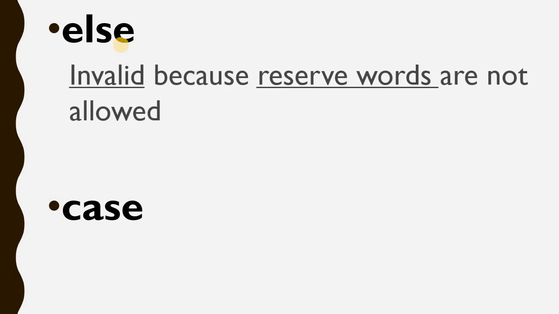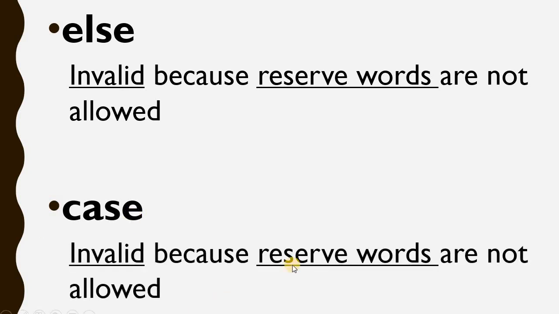Next one, else. Give it a try. Else is invalid because it's a reserve word or keyword. Next one, case. Yeah, case is also invalid because it is a reserve word or keyword in C and C++ languages, and reserve words are not allowed for naming a variable.